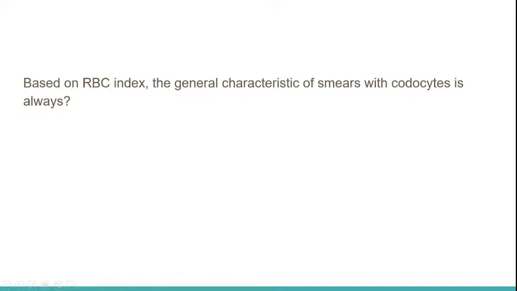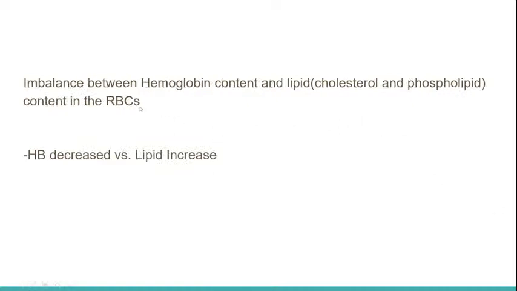Very simple. Now, based on RBC index, the general characteristic of smears with podocytes is always hypochromic. Why? Because, as in my previous discussion, hemoglobin is low. And low hemoglobin is also synonymous with low MCH.